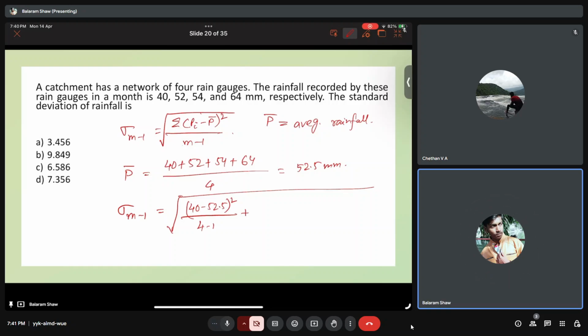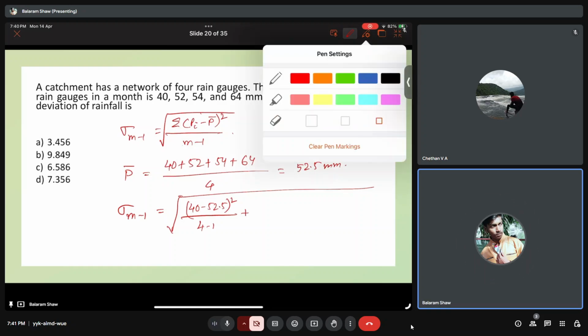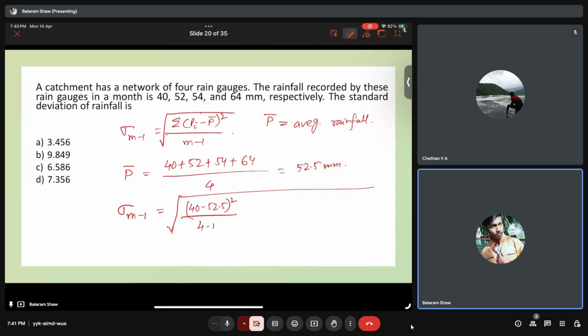I can write this like this, because the denominator is the same, right? Plus 52 minus 52.5 squared plus 54 minus 52.5 squared plus 64 minus 52.5 whole squared, divided by 4 minus 1.